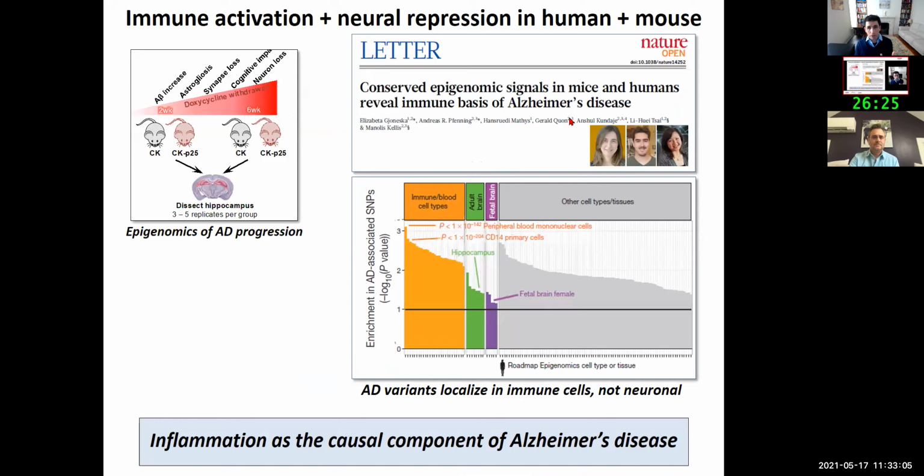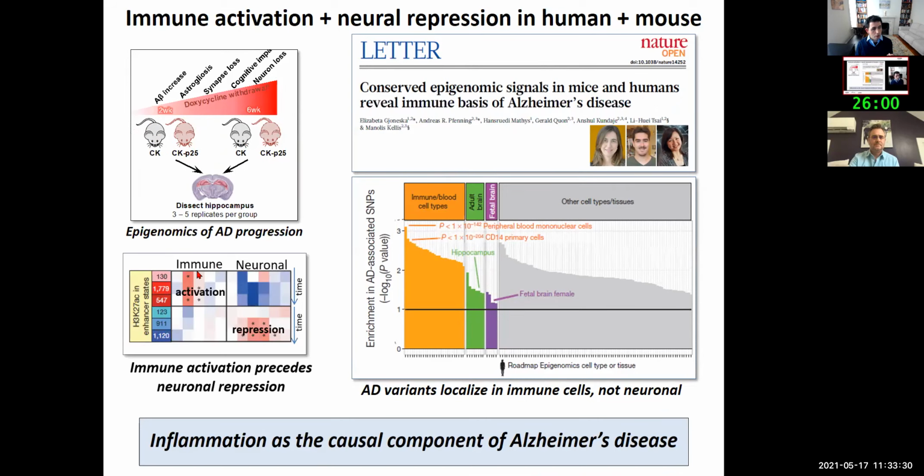That led us to publish a paper back in 2015, along with a Roadmap Epigenomics paper that also validated this prediction in mice by showing, in collaboration with Li-Huei Tsai's lab, that the CK-p25 model of Alzheimer's disease, which develops both early and late symptoms consistent with Alzheimer's progression in humans, but in a very short time span, shows immune changes early in the disease progression, but no neuronal changes until later in the disease progression.